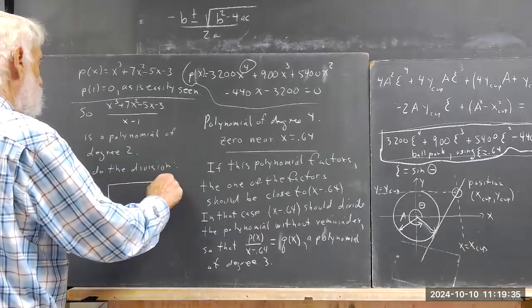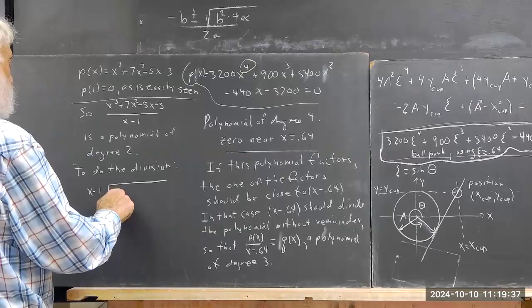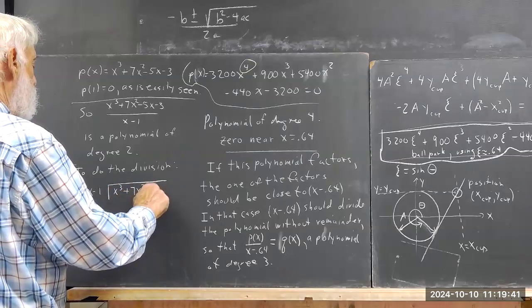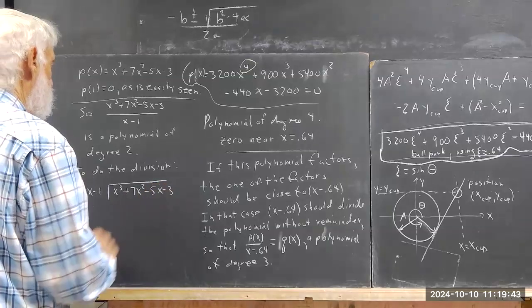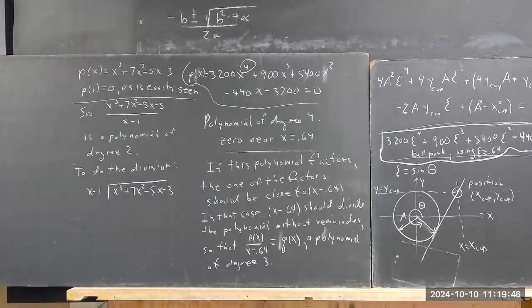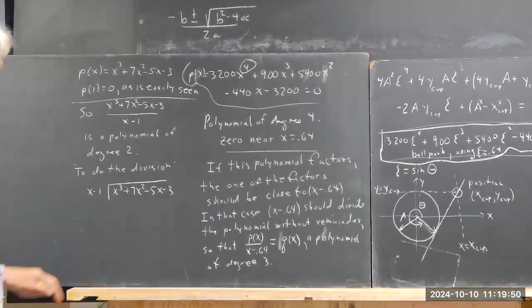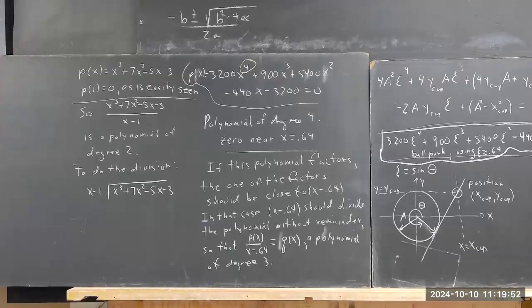You write it out like a long division. Now, what do you get if you divide x cubed by x? I'm going to ask you to write it out on your paper. You know, x cubed divided by x equals what?